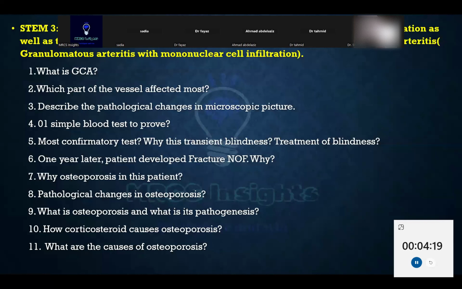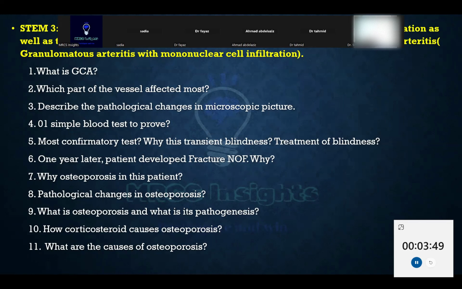Can you tell me the pathogenesis of how corticosteroid exactly causes osteoporosis? It inhibits the osteoblast.